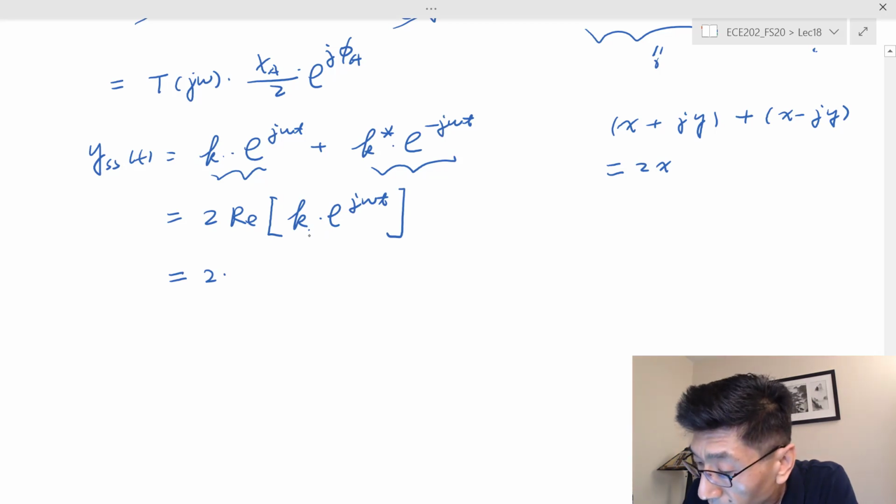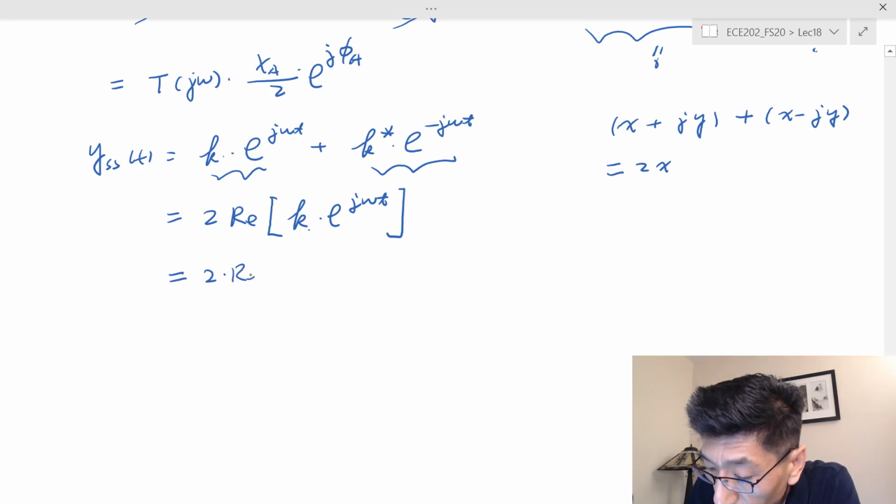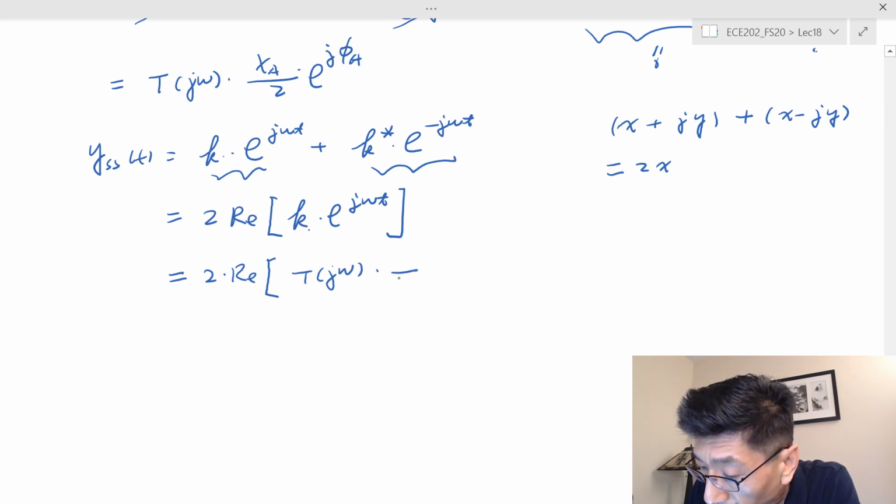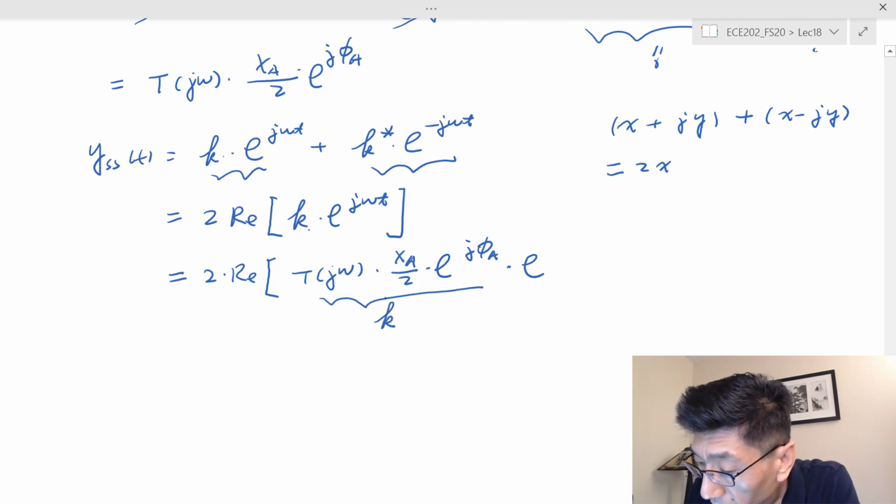We can substitute what the k is in here. The k we already found, so that's equal to T(j omega) times half X_a times e^(j phi_a), and then times e^(j omega t).